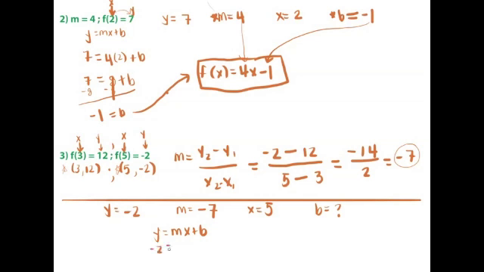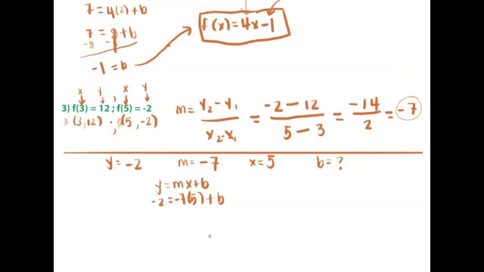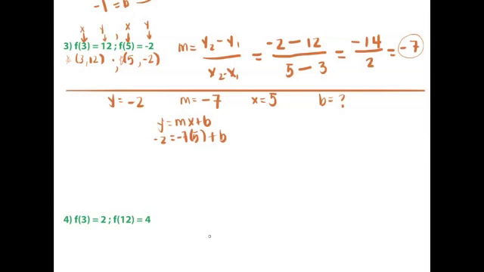So y is -2, m is -7, x is 5, and let's solve. I have -2 equals -7 times 5, which is -35, plus b. Remember, I'm trying to get this b all by itself, so let's move this 35 over.